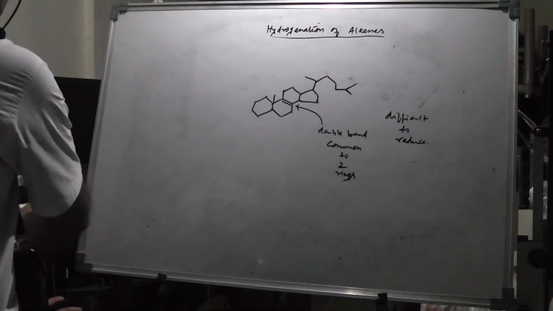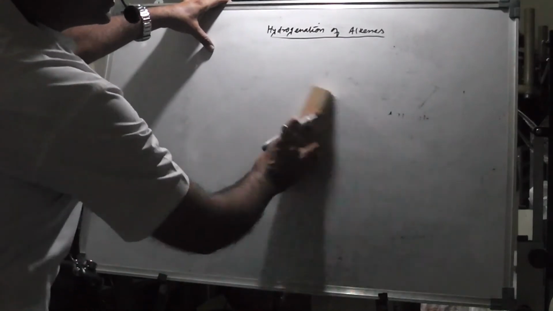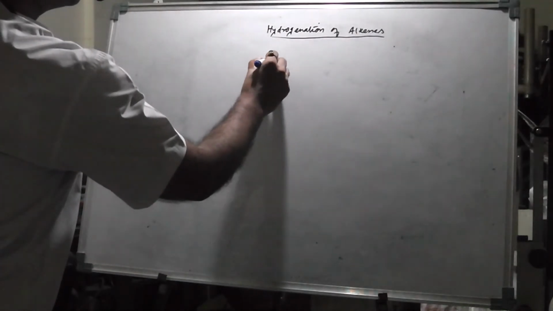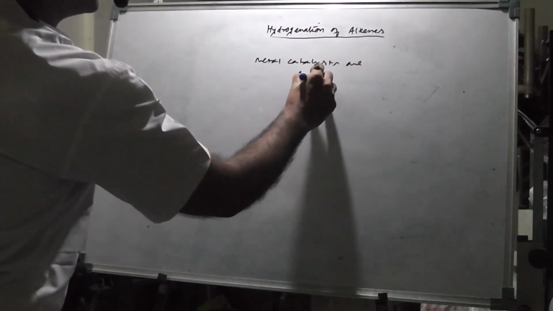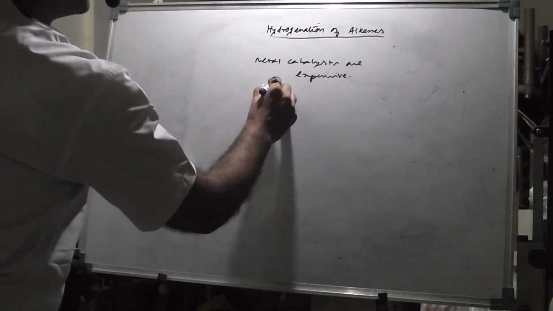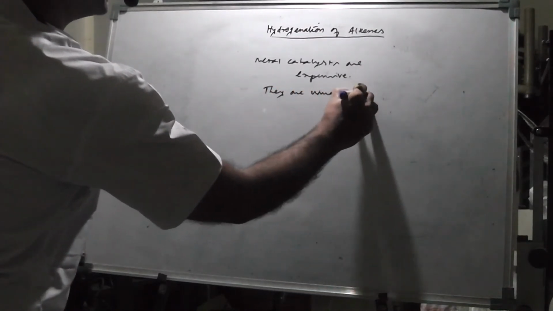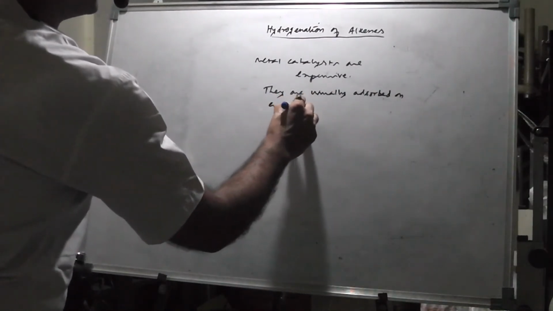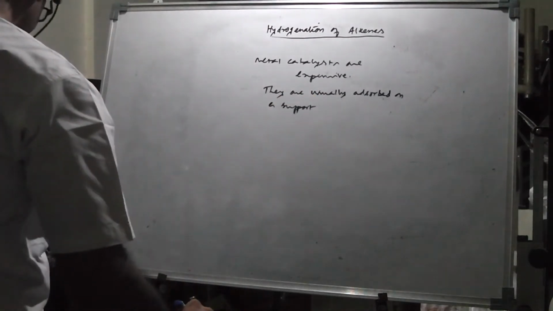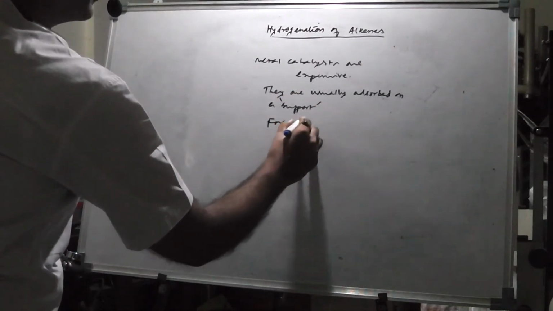How can these metal catalysts be utilized? Metal catalysts are very expensive, so they have to be adsorbed over some support. They are usually adsorbed on a support material.